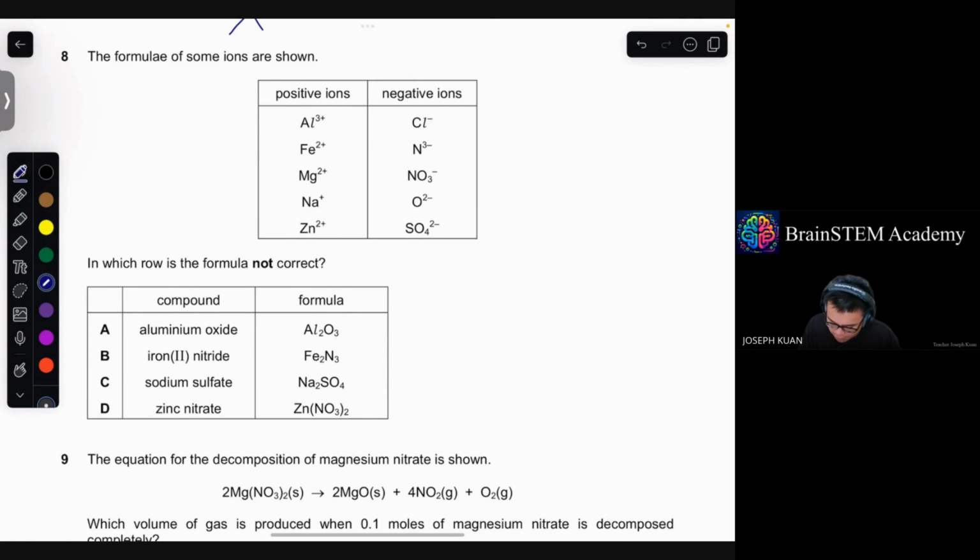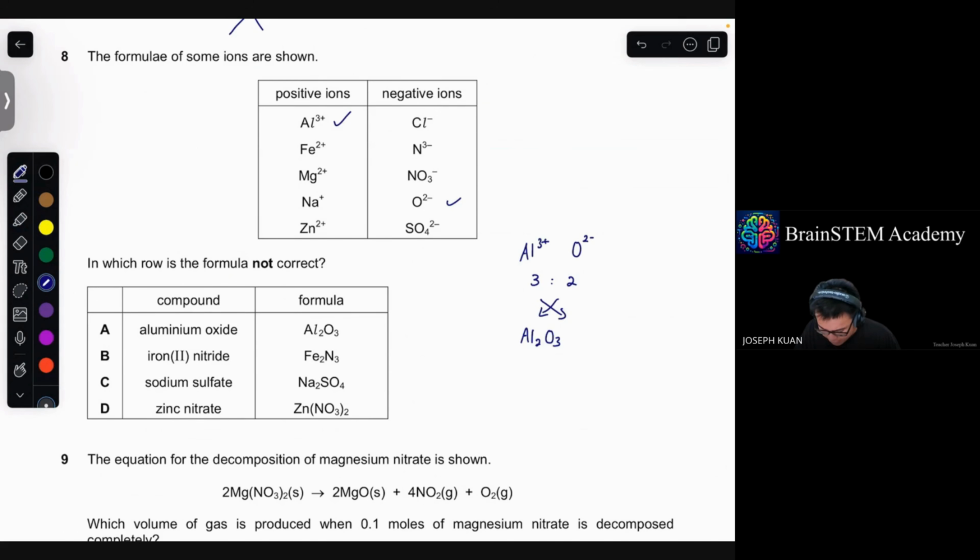For example, aluminium oxide. Aluminium has a 3 plus charge, and the oxide ion has a negative 2 charge. So the ratio is 3 to 2. All you need to do is switch the numbers, and then you get the actual formula, Al2O3.